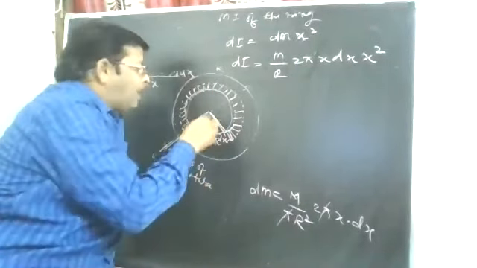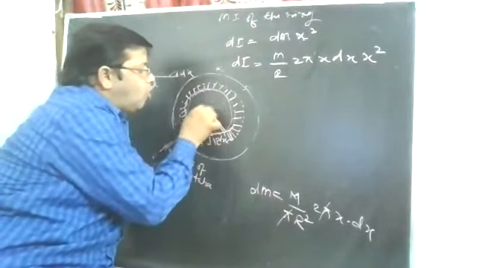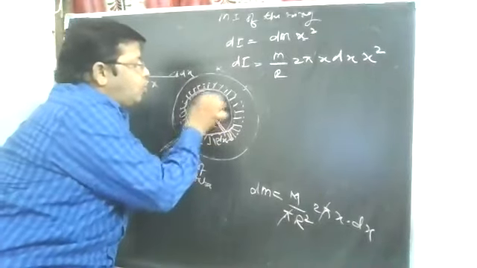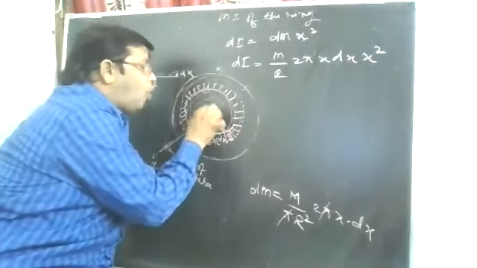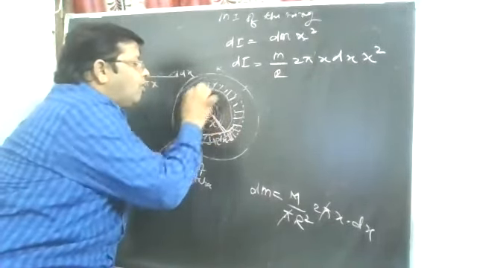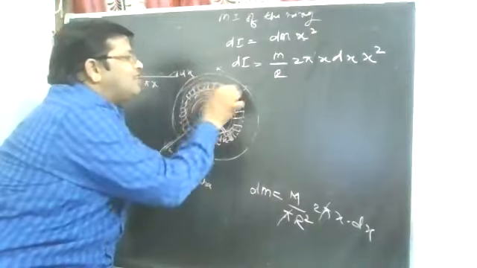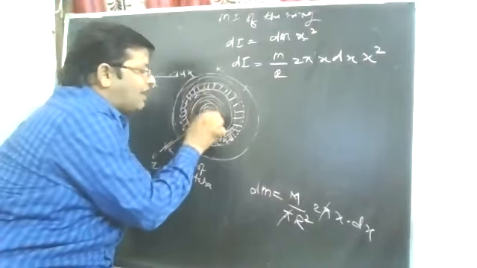So, to determine the moment of inertia of the whole disc, we have to integrate, that is, sum up the moment of inertia of all such rings, whose radius starts from 0 and ends at r.